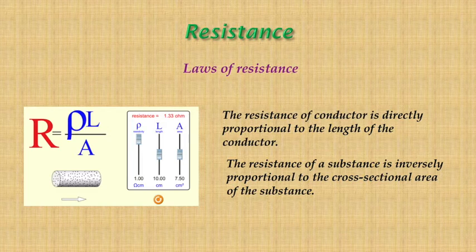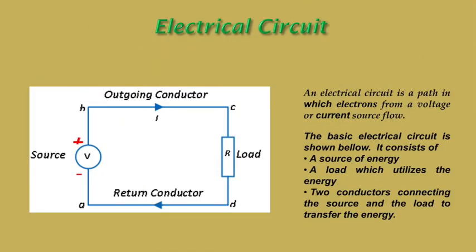Combining these two equations, we have R equals rho L by A, where rho is the resistivity of the material. It is a material property, and L is the length of the conductor, and the cross-sectional area of the conductor is A.